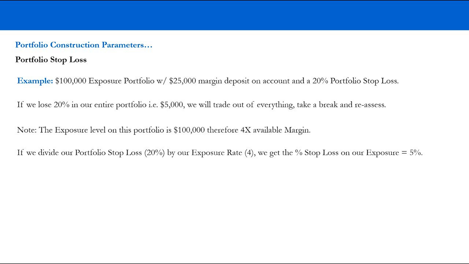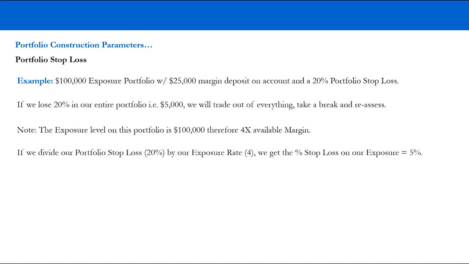So if we apply this as we're growing the portfolio, then as we're increasing our risk and we apply a portfolio stop loss and we're ratcheting the portfolio, it means that we're protecting the money as we're building the portfolio and as we're making it.